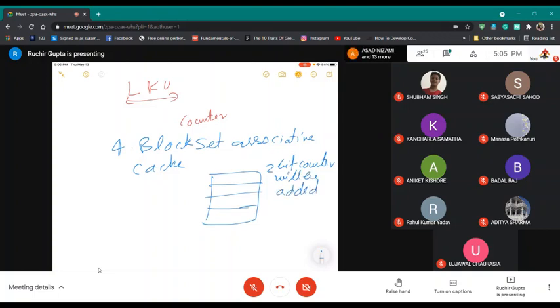How will this 2-bit counter work? When there is a hit, for example for this block, its counter will be reset to 0.